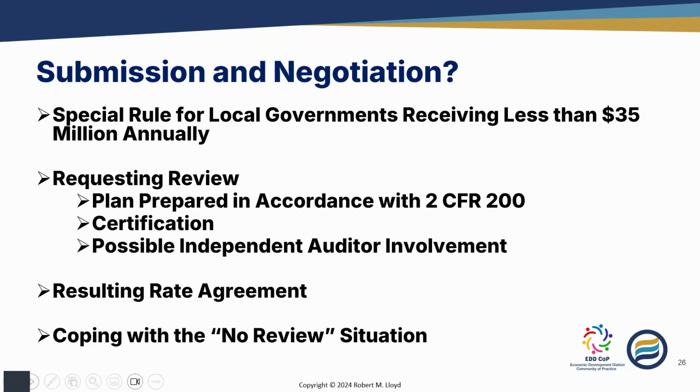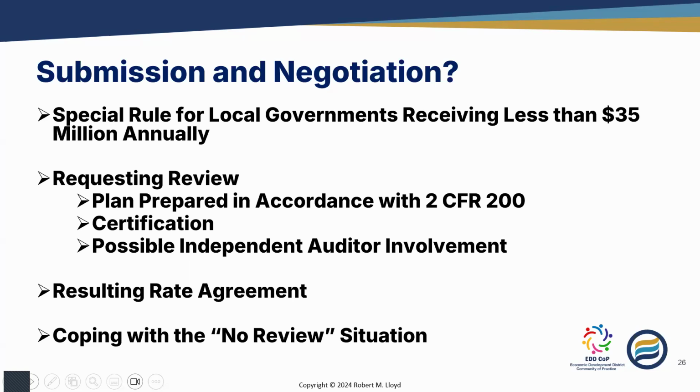The resulting rate agreement would be something that in turn would satisfy the requirements that exist with respect to OMB's mandatory recognition of an indirect cost rate. That language continues to be problematic if you don't get something like this accomplished.